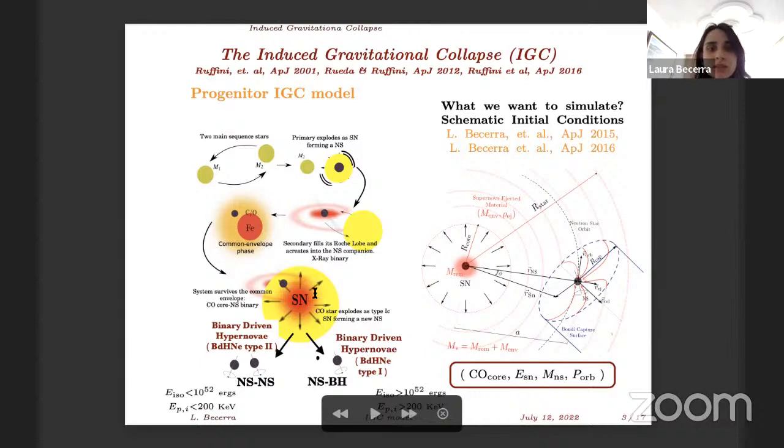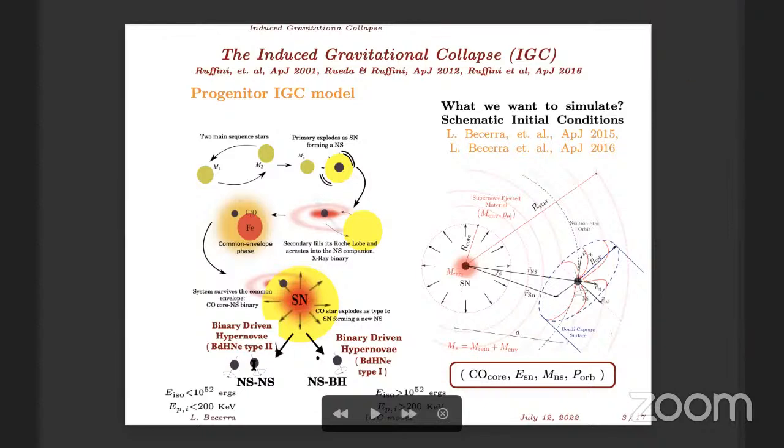In the other scenario, the system is not so close, so there will be accretion on the neutron star, but it is not going to be enough to lead to its collapse. So if the system remains bound, we will have a binary system of two neutron stars. We call them, in this case, binary driven hypernovae of type 2, and these systems are less energetic.